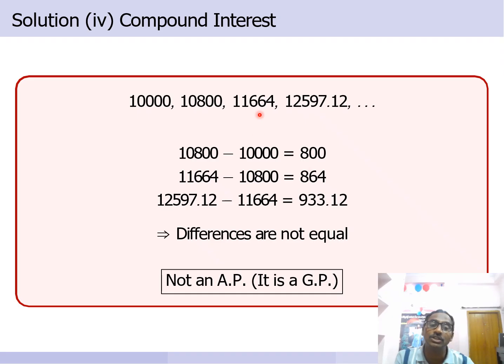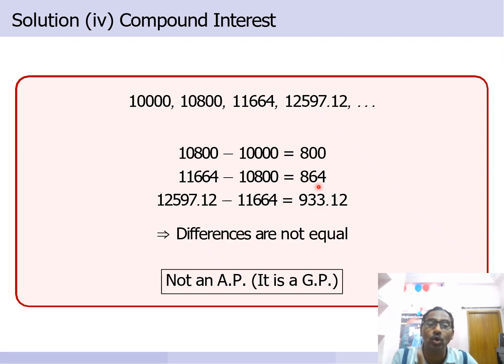Next 11,664 minus 10,800, I am getting 864. Next 12,597.12 minus 11,664, you are getting 933.12. Therefore differences are not equal. You can see here 800, here 864, the difference is not equal.